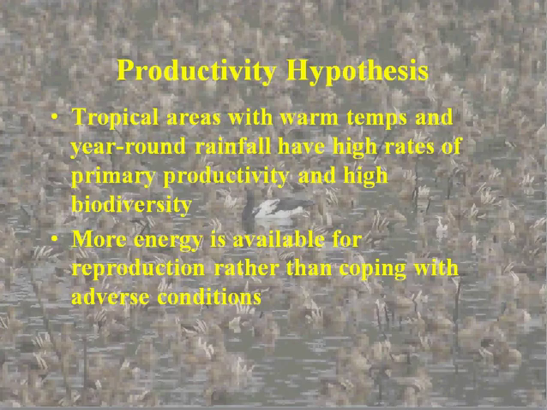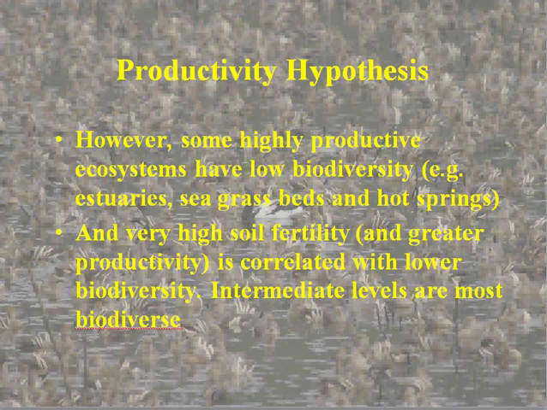There are some examples which do not seem to follow this hypothesis. They may be very highly productive ecosystems but with very low or lower biodiversities. So things like mangroves, for instance, are very productive ecosystems. However, they are dominated by only a few species of trees, unlike any other tropical forest that you get.